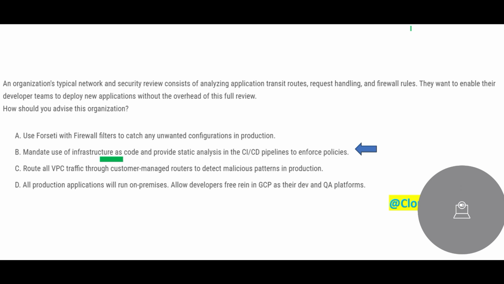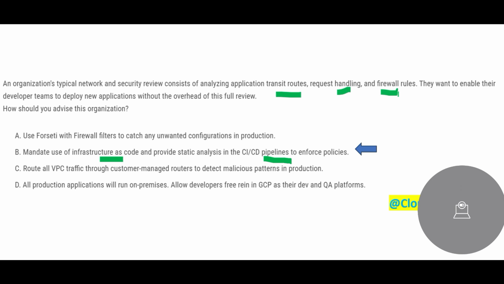And then you provide static analysis in CI/CD to enforce policy. So simple: policy enforcement and automation. Automatically it will check a few things, like analyzing transit routes and firewall rules. The policy will take care.